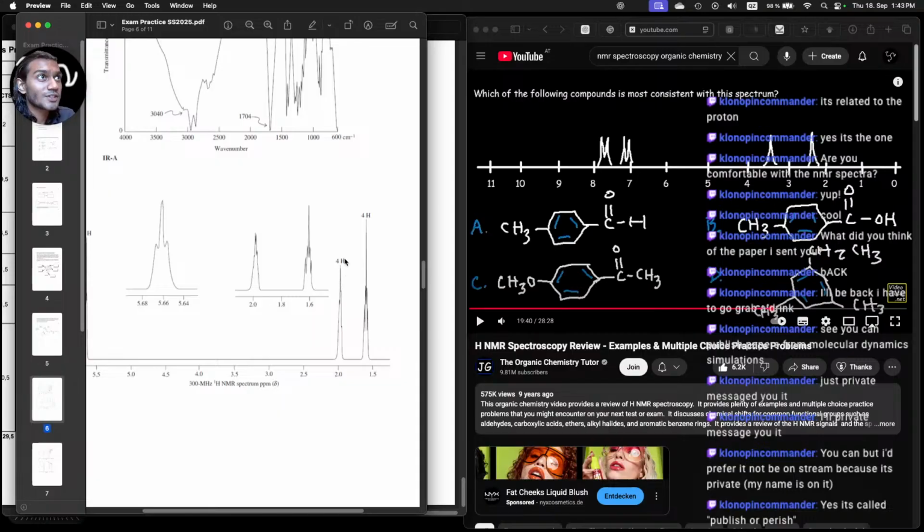That means it's near a CH3 and it's near a secondary carbon. No, it's just near a CH3.